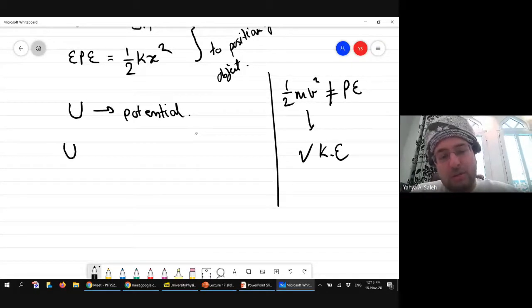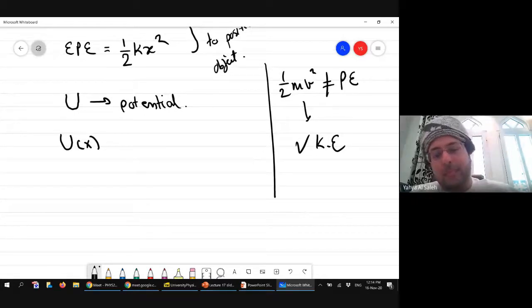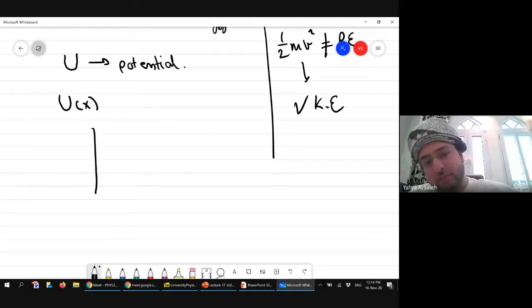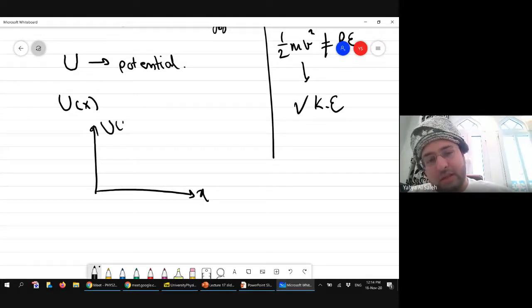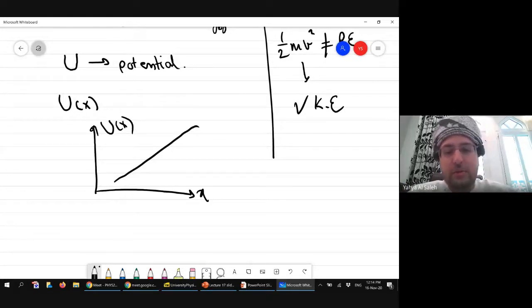So I will call it U of x. Now, if I plot x and U of x, what does this plot give me? This plot gives me the amount of potential energy at any given position. So at this position, this is my potential energy. At this position, this is my potential energy. At this position, this is my potential energy.